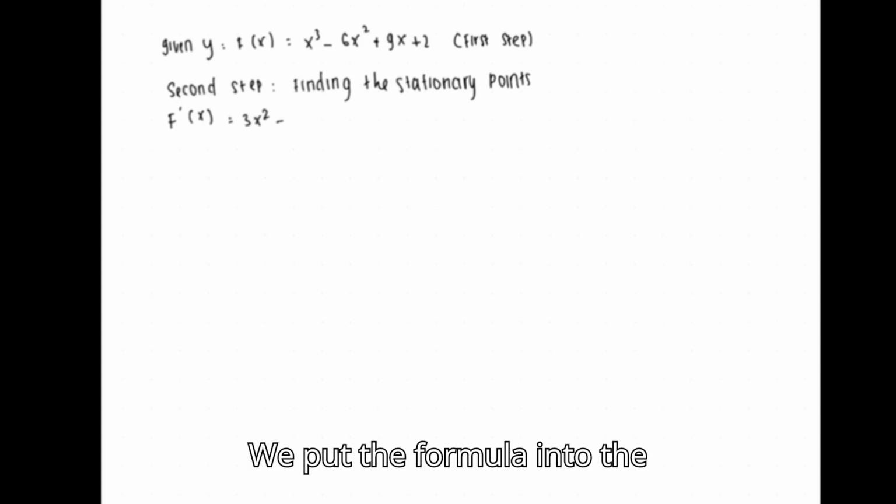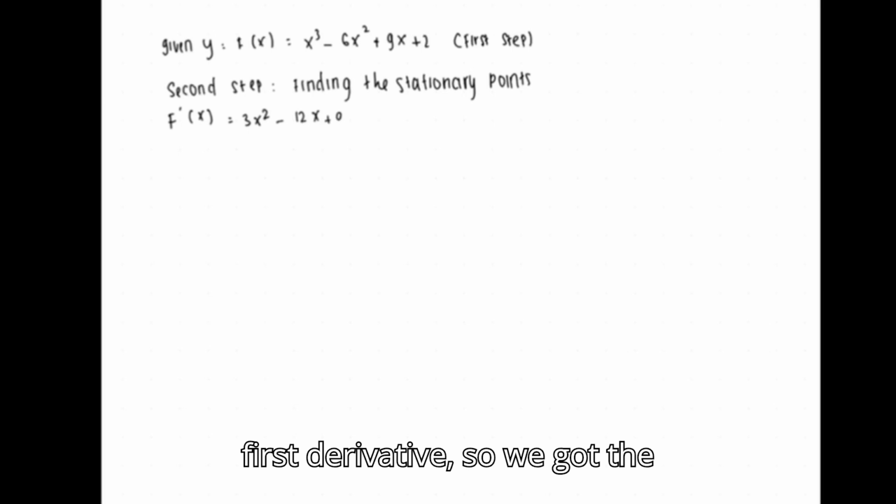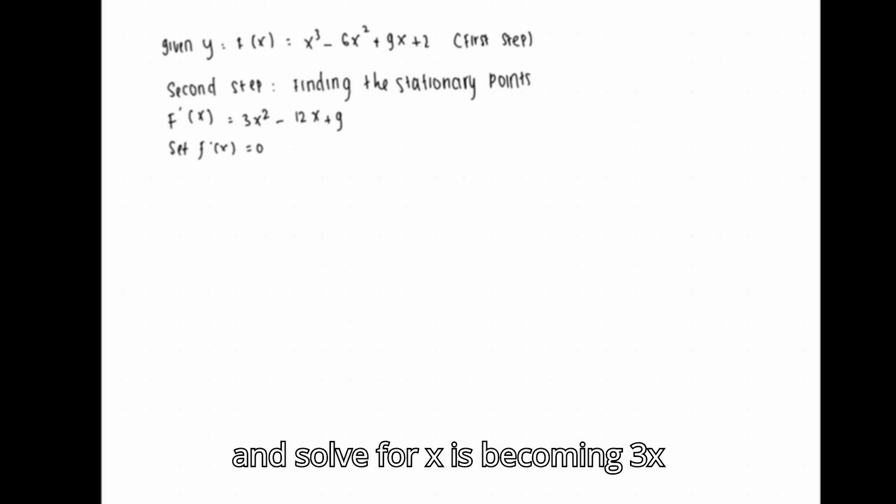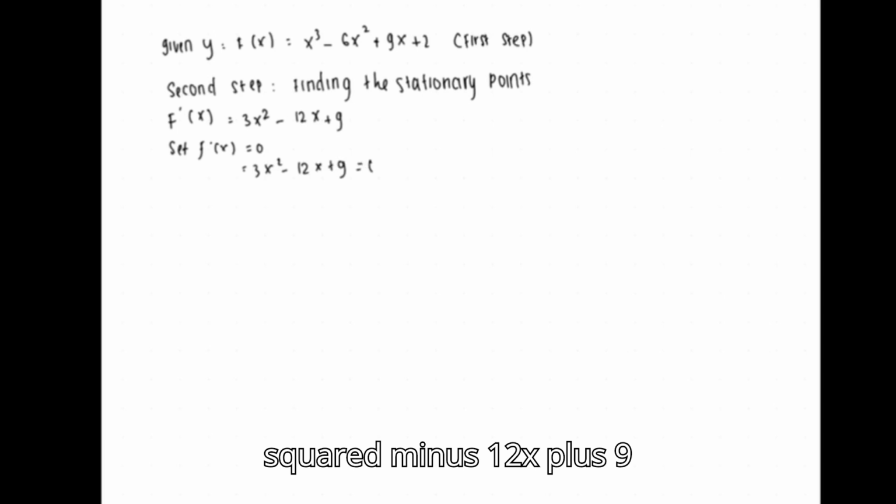Finding the stationary points or critical points. We put the formula into the first derivative, so we got 3x squared minus 12x plus 9, and then set f'(x) to 0 and solve for x, becoming 3x squared minus 12x plus 9 equals 0.